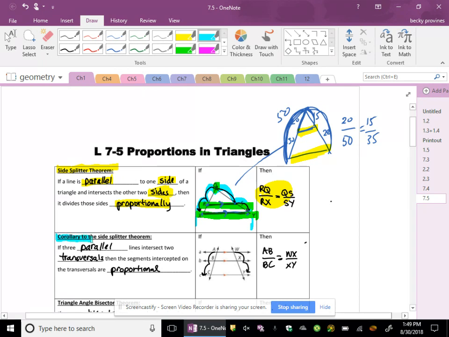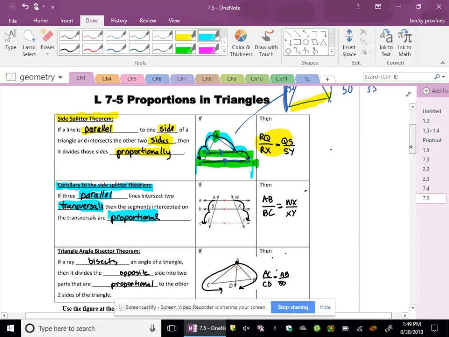Now we also have this corollary to the side splitter theorem. If there are three parallel lines that intersect two transversals, then the segments intercepted on the transversals are proportional. This one is easier than the previous.